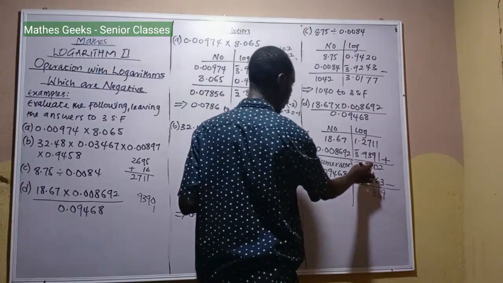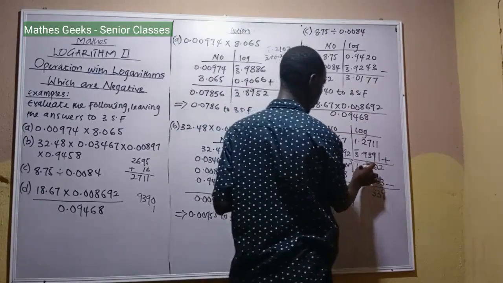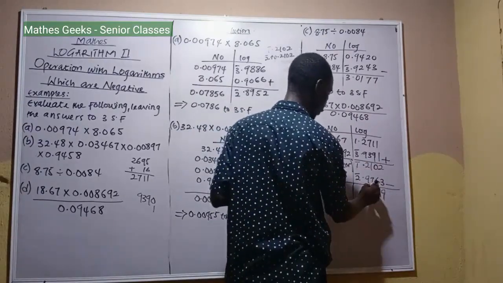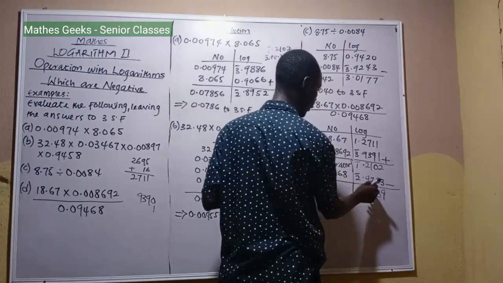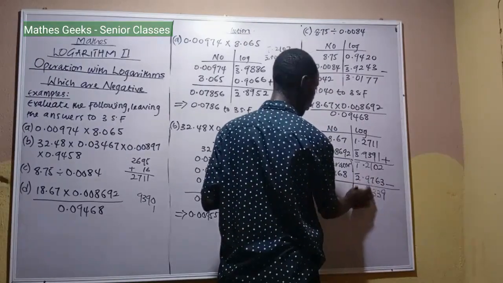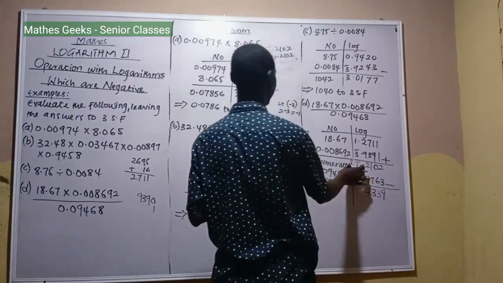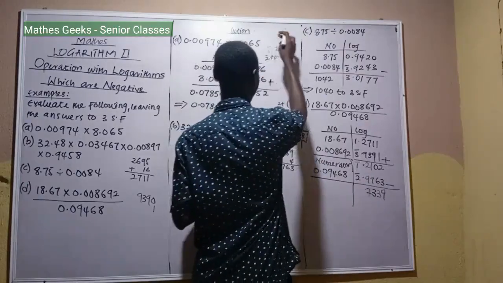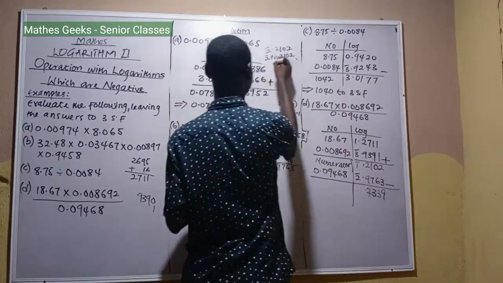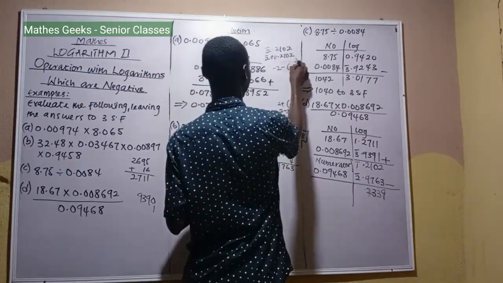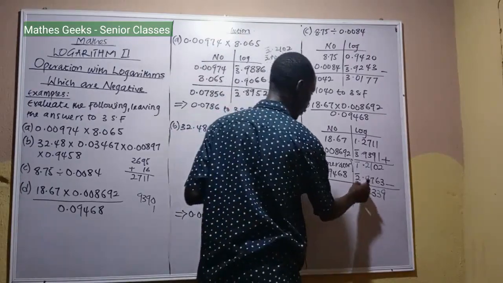So here is now 1, and since you borrowed the 1 that you added to 0 to this point, it becomes 11. 11 minus 9 becomes 2. So here is now 2. So now here is bar 2, and so you subtract 1 from here, it becomes bar 2. So since you are subtracting bar 2 minus bar 2, minus 2 plus 2, that gives us 0. So here is now 0.